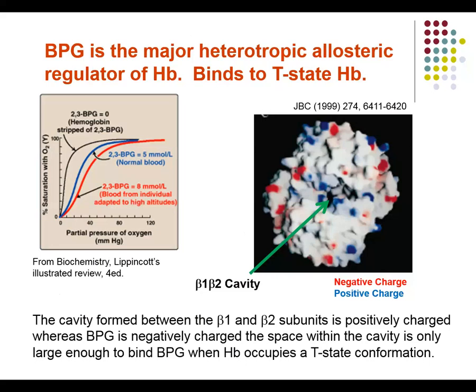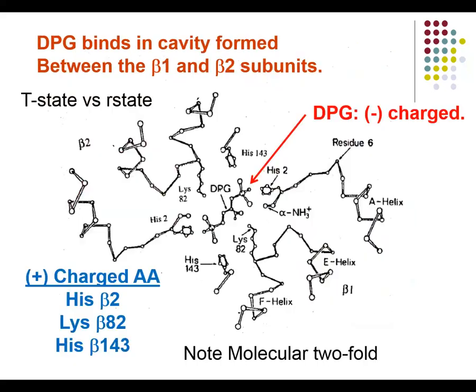Now, this is really not that surprising because in 2,3-bisphosphoglycerate, you have the glycerate, which is a carboxylic acid, which is negatively charged. You have two phosphate groups, which carry negative charge. So you have a lot of negative charge binding to this very positively charged pocket. In this figure, we have 2,3-BPG, labeled as DPG, bound within its binding pocket.